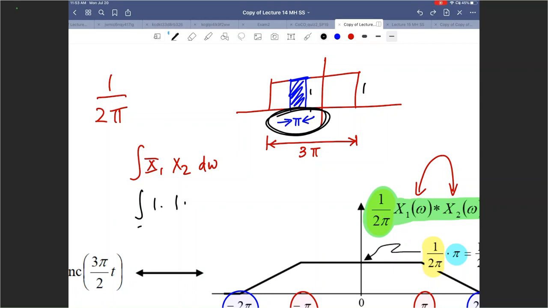Whatever that is, minus pi over 2 to pi over 2, or you can do 0 to pi, whatever that is. The width of that overlapping rectangle is going to be pi. So from the convolution, it will come out to be pi. So it will be 1 divided by 2 pi from the property, pi from the convolution, you get half. You see it?